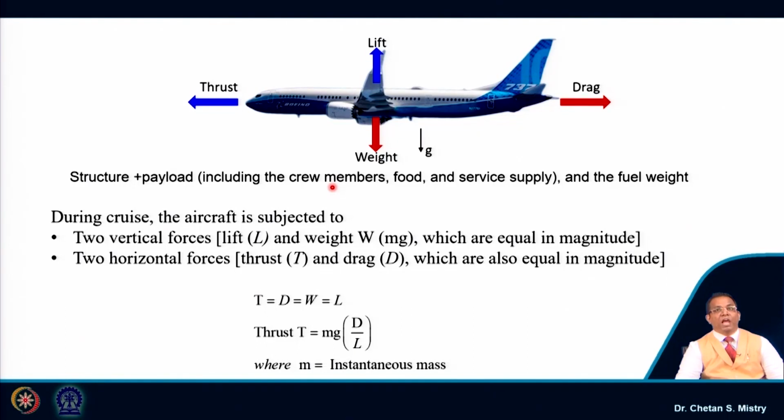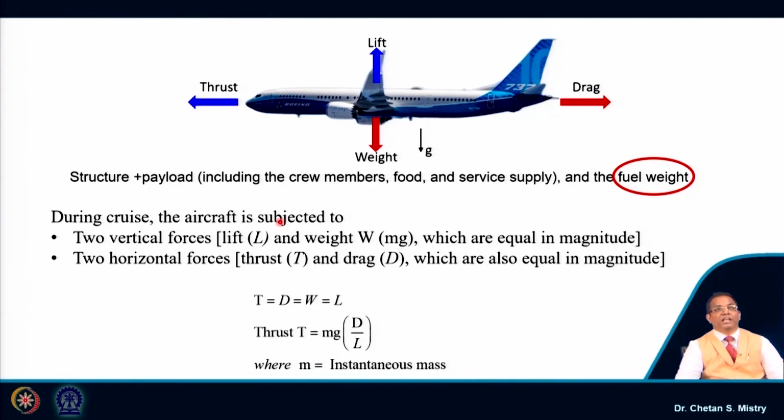But at the same time we are also storing our fuel, and this fuel is very important in terms of analysis here, because when we are flying, my fuel is continuously consumed, and because of this consumption we have a variation of weight. That is helpful in understanding the flying range.